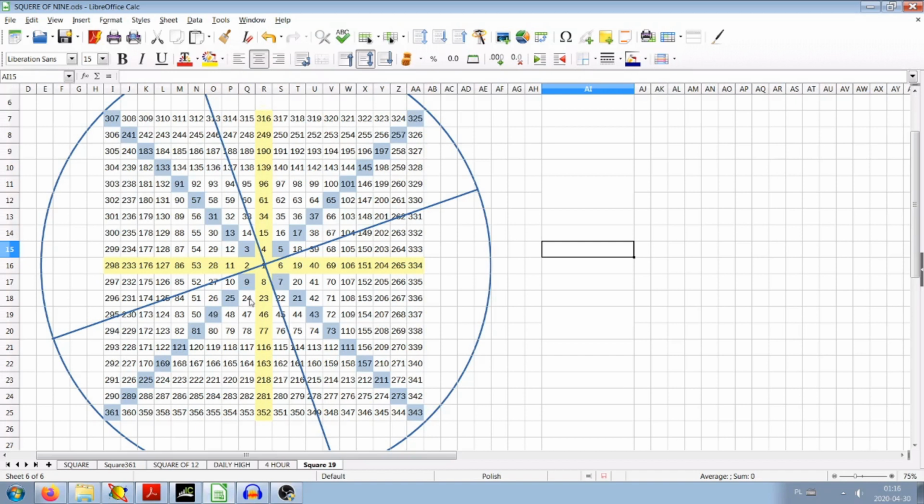As you see, we got the cross over here, which is a very important number, and diagonals, which are also very important. The idea is to spot a number of days or a number of trading days which correspond to the numbers on those crosses or those diagonals.